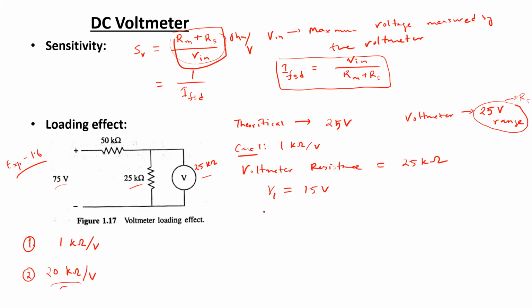So if it is 15 volts, then for the first case, the percentage of error is (25 minus 15) by 25 times 100%, that is 40%.